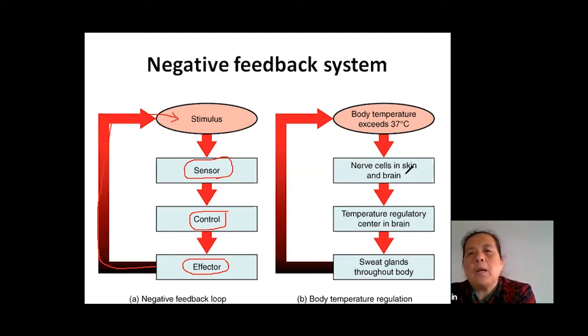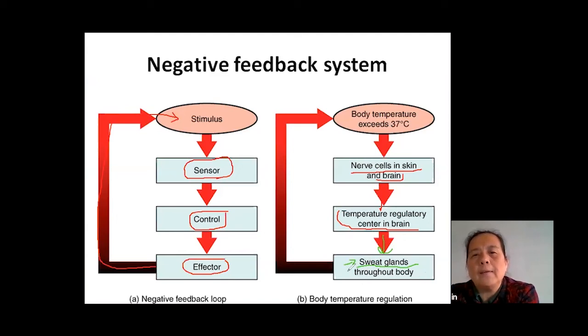So the receptors, the nerve cells in the skin, send to the control center. Our temperature control center is in the brain. Then the control center sends the information to the sweat glands, causing more sweating and relieving some heat.